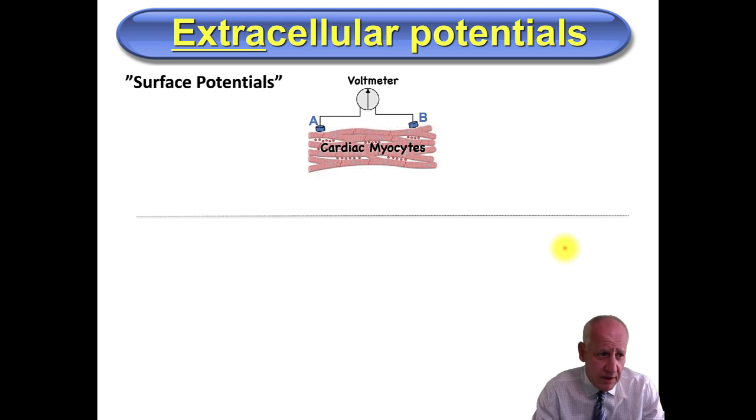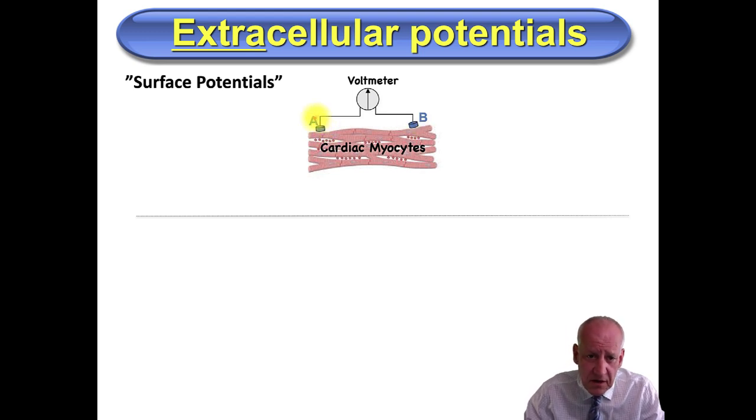Now consider what would be observed if the same potential were examined from a different perspective between 2 points along the surface of a cardiac muscle cell. So here, this illustration shows a clump of cardiac myocytes, and we have a voltmeter sensing the difference in potential across 2 electrodes.